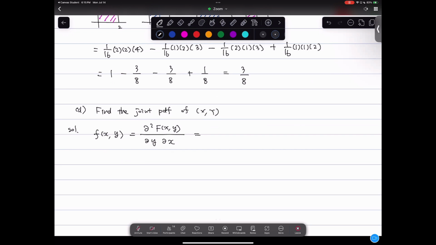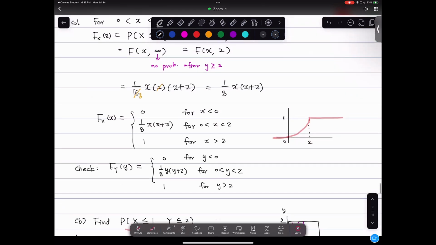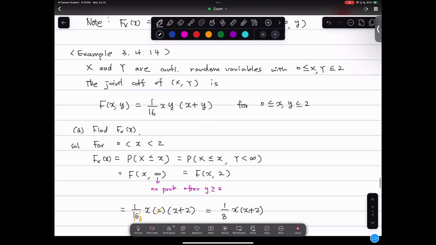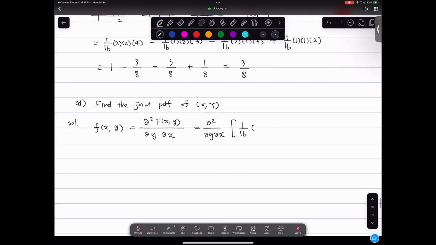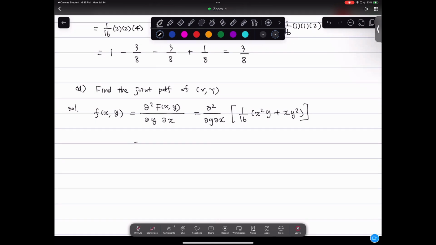The function is 1 over 16 times x times y times x plus y. Expanding it, this is my CDF: x squared times y plus x times y squared. You do the partial derivative, which I'll let you do, and you will get, at the end, 1 over 8 times x plus y.